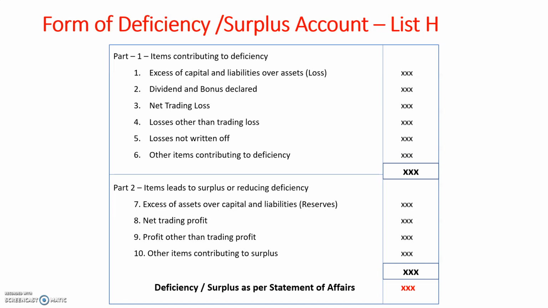It shows the amount expected to be realized and the amount to be paid to creditors. And if there is any deficiency or surplus, why it arose will be explained in the statement of affairs and the deficiency account.